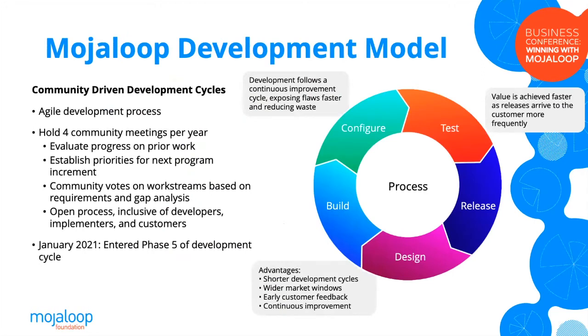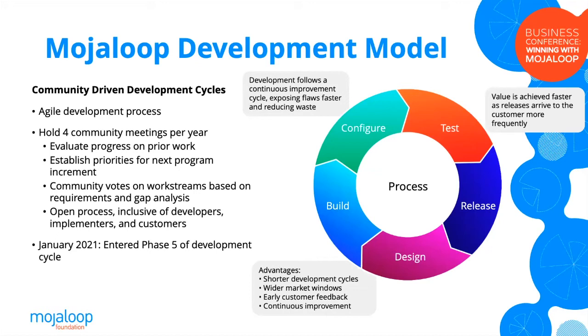So how do we do it? How do we implement this open source development model? Well, we use a community-driven process. We've adopted an agile model. We iterate very rapidly on the code base. You see the process there on the right-hand side of my slide. We build, configure, test, release, design, and it's a virtuous circle.